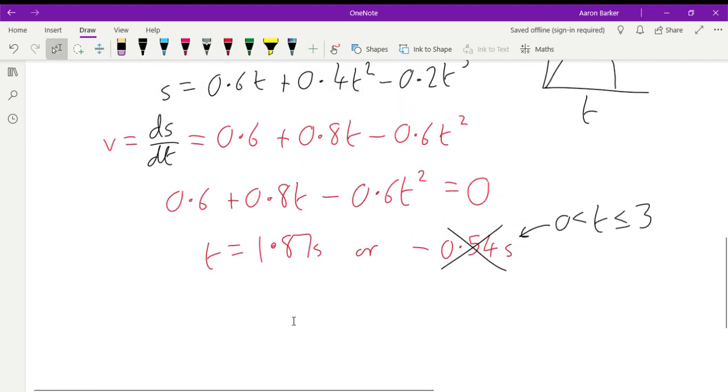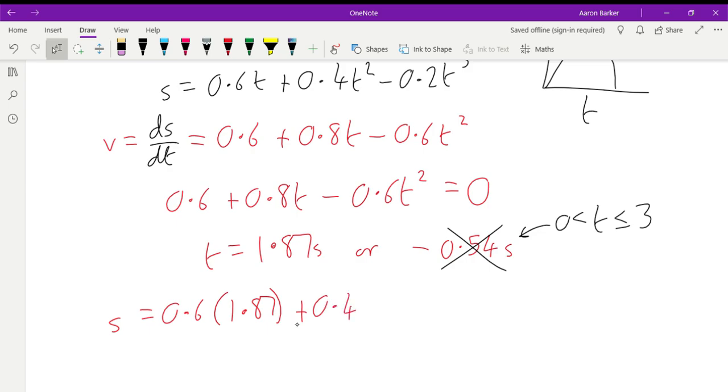We need to substitute this value of t back into our displacement equation. So s equals 0.6 lots of 1.87 plus 0.4 lots of 1.87 squared minus 0.2 lots of 1.87 cubed.